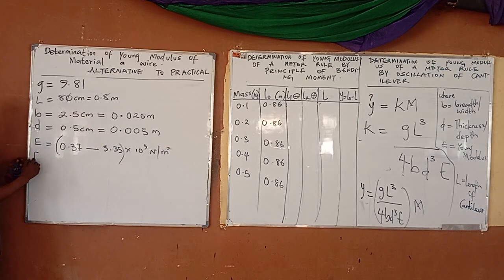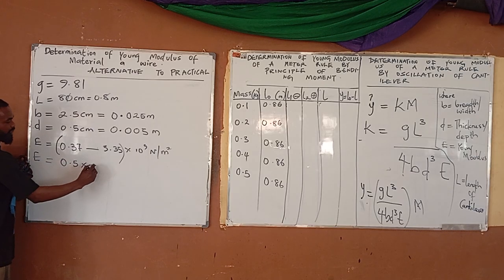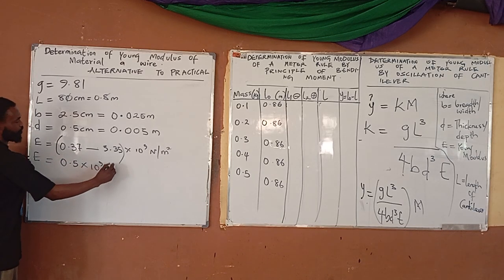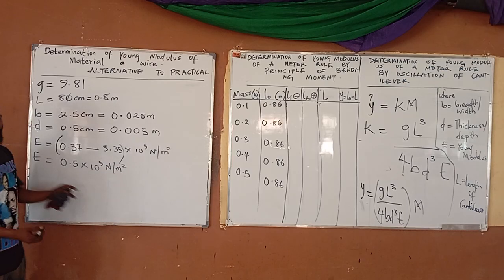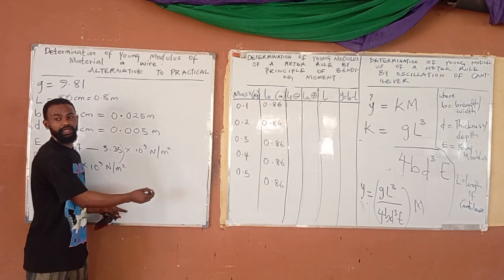But in this practical, we are considering Young's modulus to be 0.5 times 10 raised to power 9 Newton per meter squared.